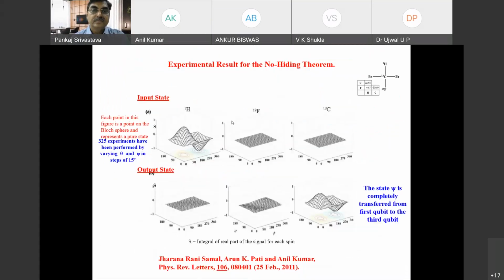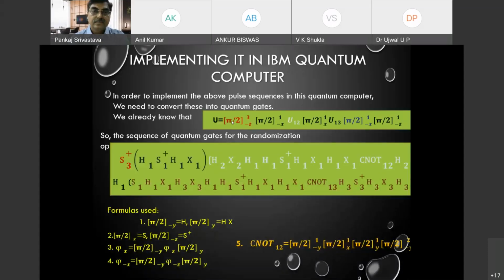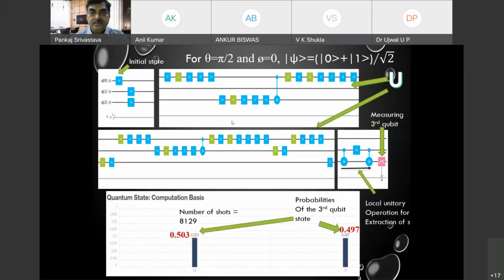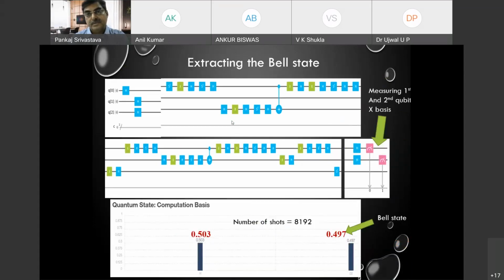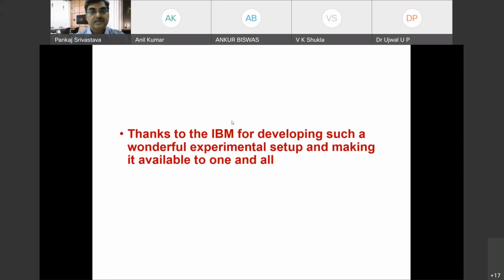Also, the no-hiding theorem was demonstrated, and there are a lot of pulses we added, and then you get this result. Thanks to IBM for developing such a wonderful experimental setup and making it available to one and all.